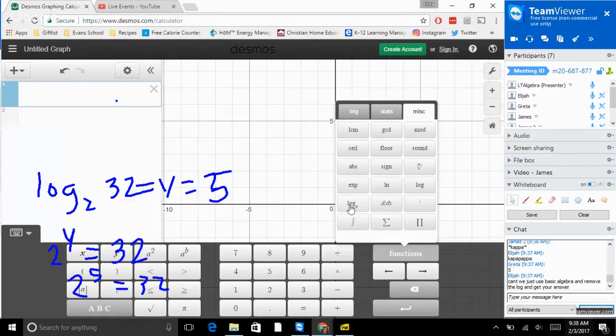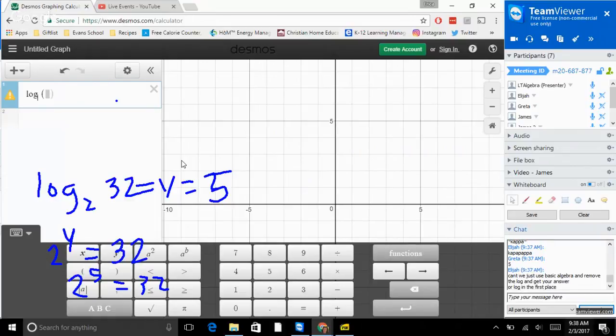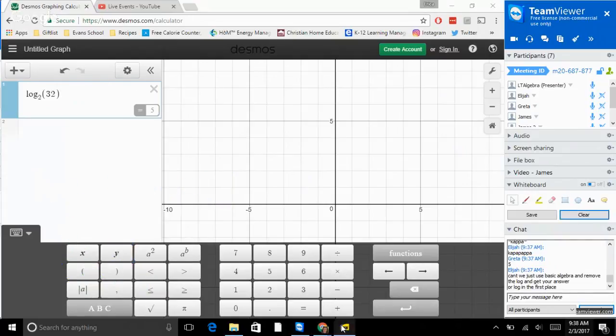Some of them are easy enough that you just know what that is. Log base 2 of 32, voila, equals 5. Fancy, right? So that is the first one. Let's see what we got next.